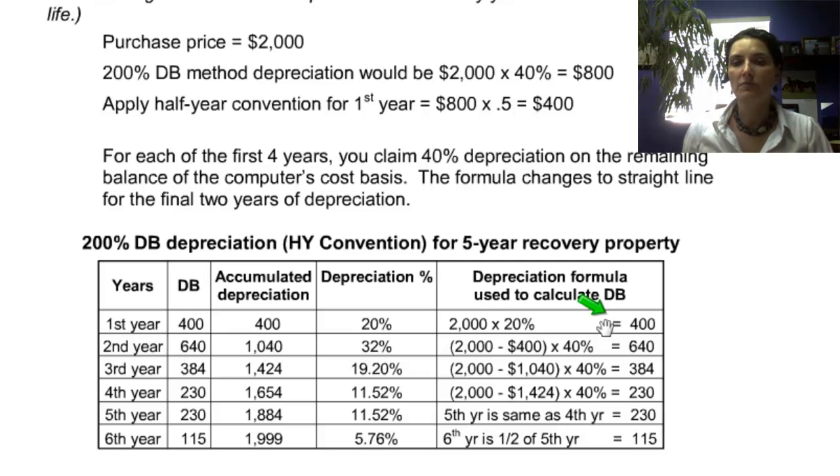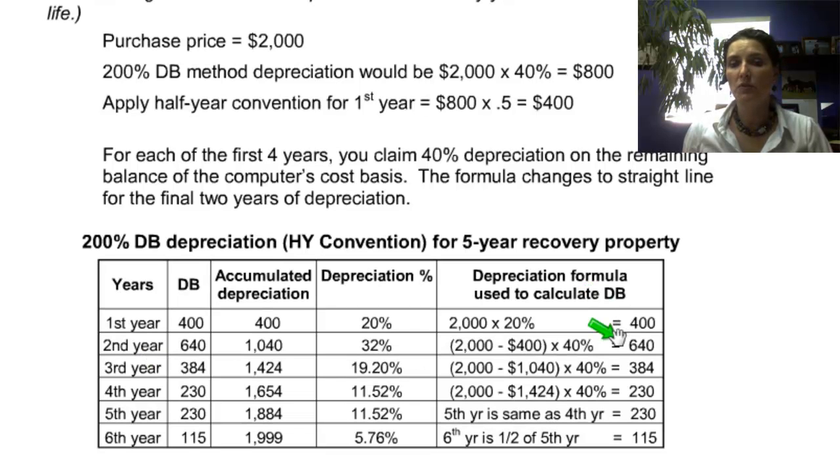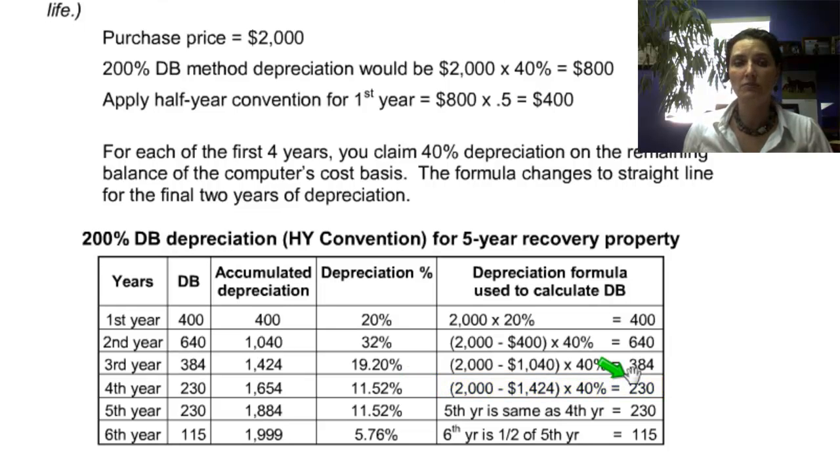We then take $400 plus $640 and subtract that from $2,000. $2,000 minus $1,040 times 40% equals $384, and that is the deduction we get in the third year. On to year number 4. We take $400 plus $640 plus $384, add those numbers together, and subtract them from $2,000. $2,000 minus $1,424 times 40% gives us the fourth year of depreciation, $230.